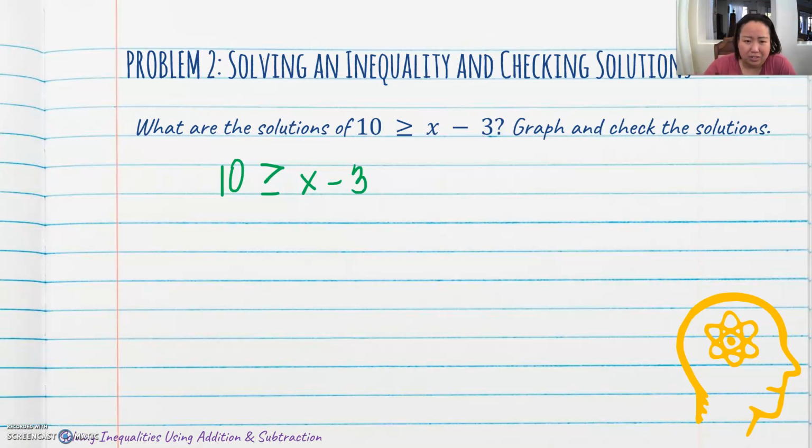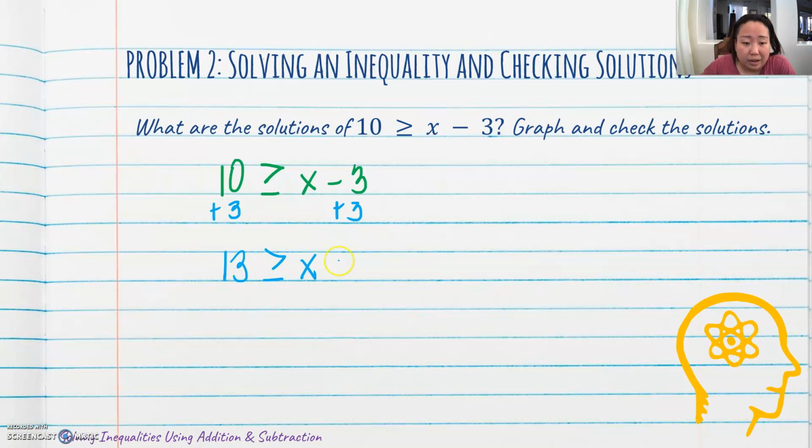Okay, so let's just stick to whatever we are given. Let's isolate our x, and for us to be able to do that, we need to get the opposite of minus 3, so that will be plus 3. And we add 3 also on the other side. So now we have 13 is greater than or equal to x.